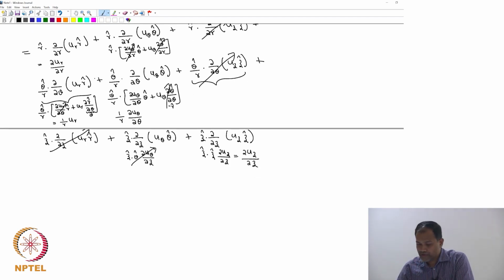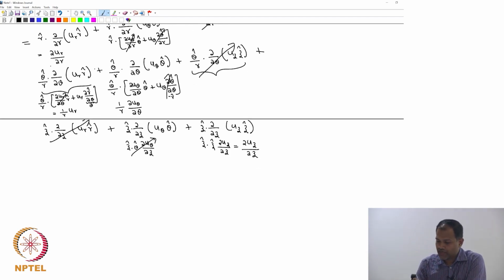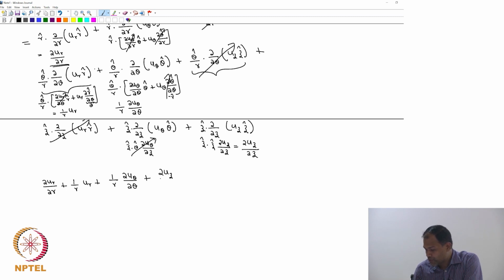So I'll write down all the terms together that I have gotten. I have del u r divided by del r plus this term 1 by r u r plus that term 1 by r dou u theta by dou theta plus dou u z by dou z equal to 0. So that's what we get as the continuity equation in cylindrical coordinates.